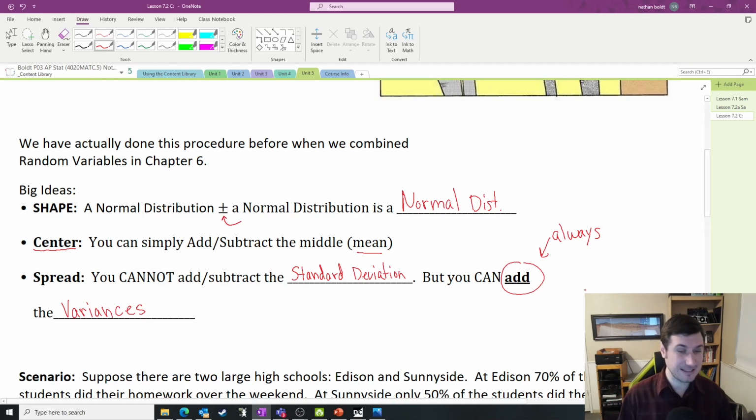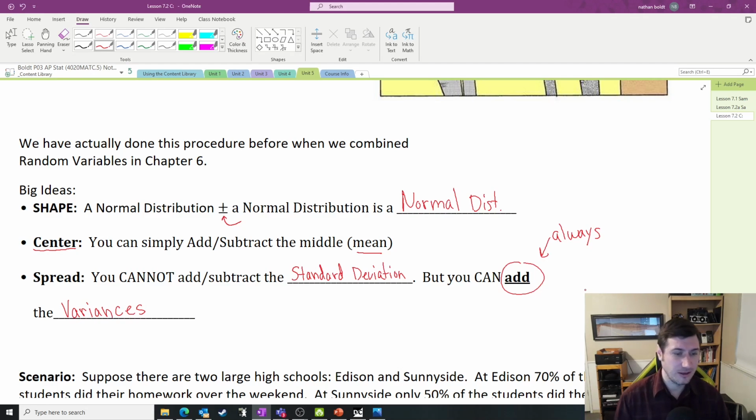The spread still increases, so you always add the variances no matter what. And then if you want the standard deviation, you go ahead and you square root, to go back to a standard deviation. But if you're combining the variables, you can only add the variances. Maybe that sounds a little bit familiar.